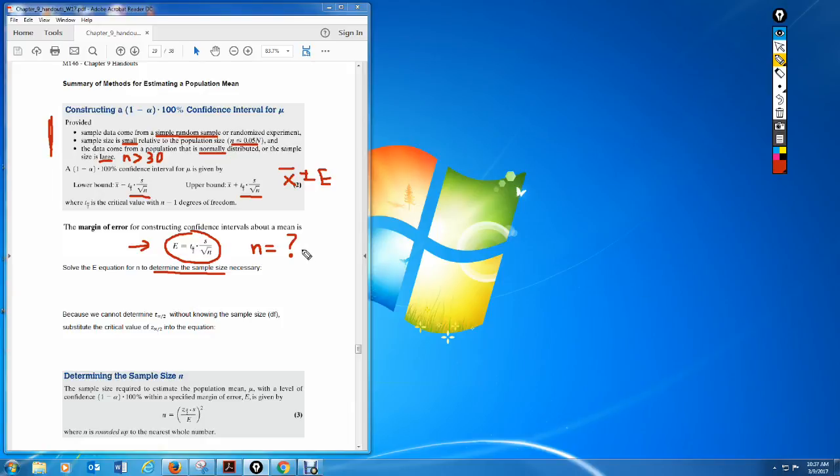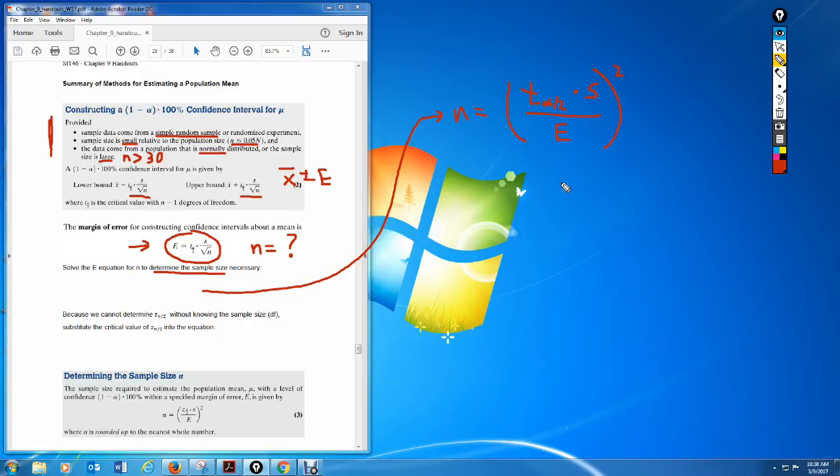So without going through all of the details, I am just going to present the equation here. So when you solve this equation for n, you will end up with n equals quantity t sub alpha divided by 2 times s, where S is the sample standard deviation, divided by margin of error, E, and that entire quantity squared.